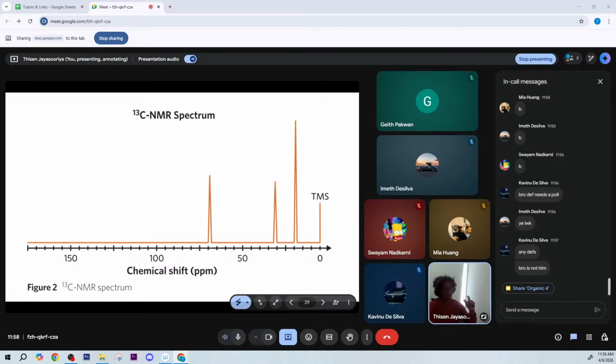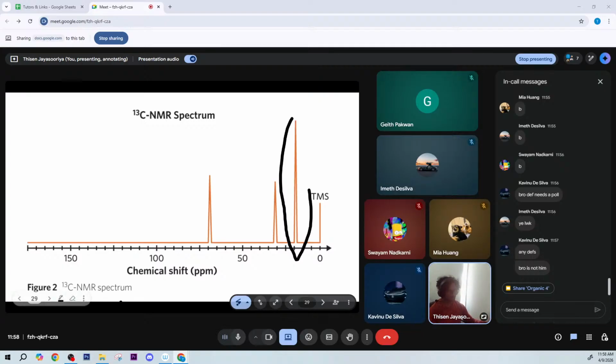So we're focusing on the specific carbon atom. Depending on how it vibrates, it will tell us how many environments are present. You've probably never heard this word environments before, and we'll get onto that in a second. But if there are 3 peaks, that represents 3 environments. That's the big thing that we want to notice.